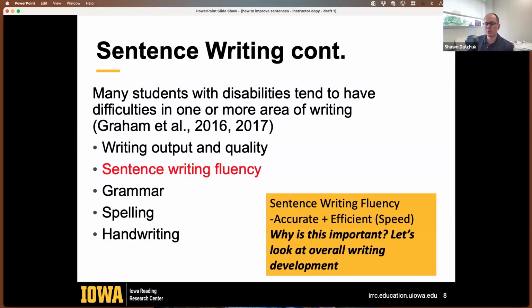Sentence writing fluency refers to the skill of writing accurately and also efficiently, so with some speed. And you don't have to be a super fast writer to display sentence writing fluency. You just need to have some accuracy, some speed, because it's important to overall writing development.